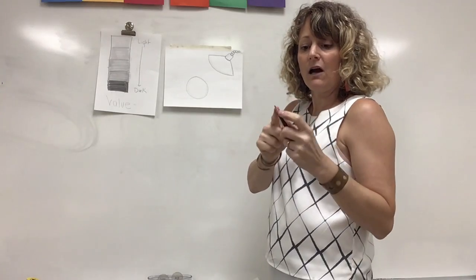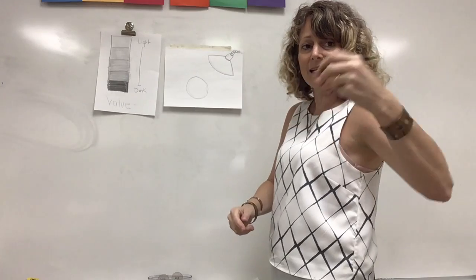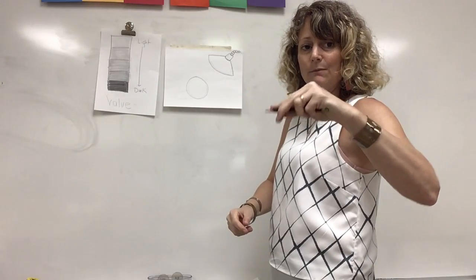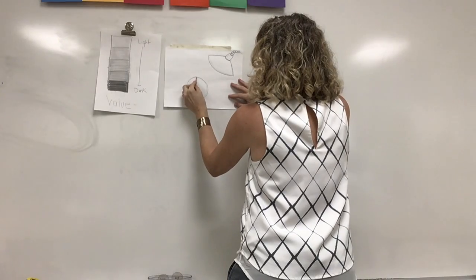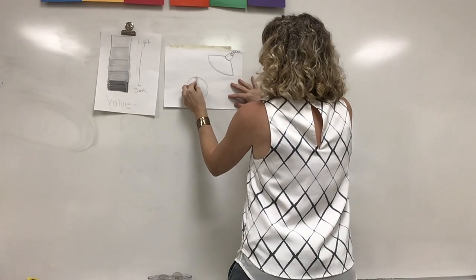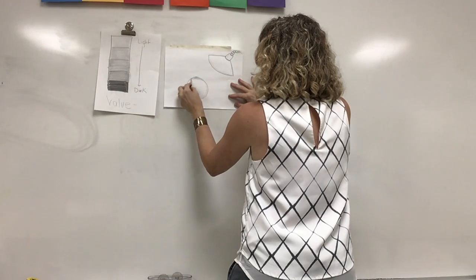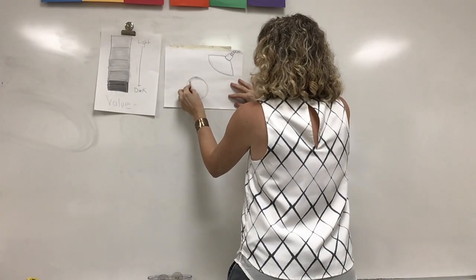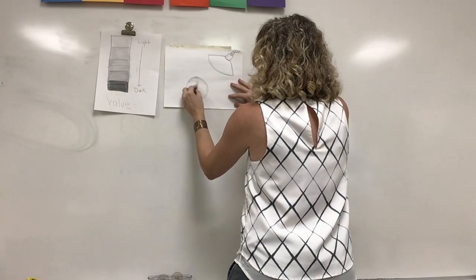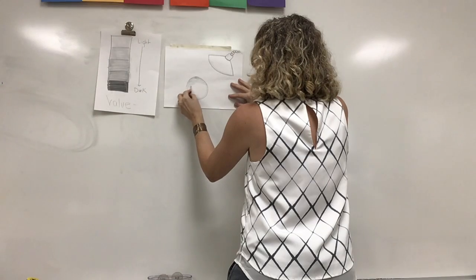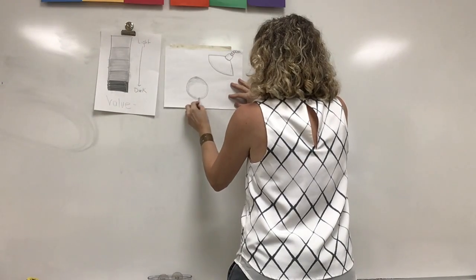But the key is getting your pencil pretty sharp, and instead of using it like this, we can use it laying down. When I lay it down, I'm coloring with it. My goal right now is to put an even gray all the way around.